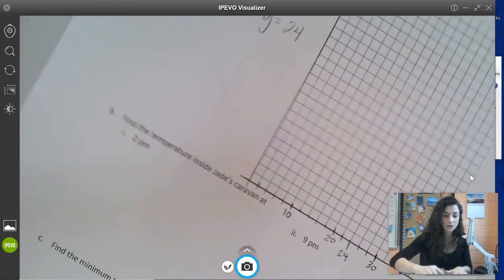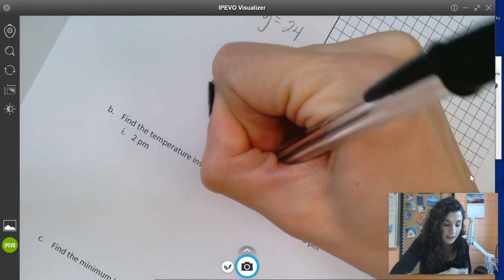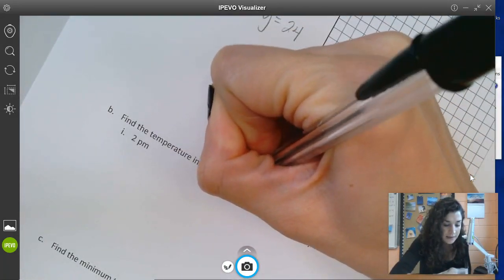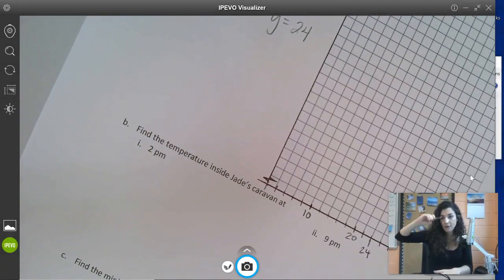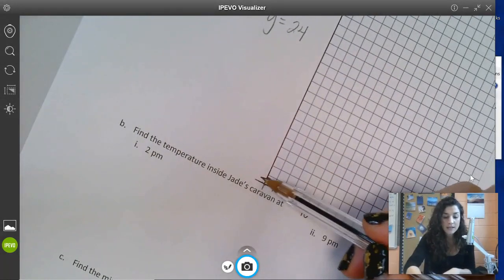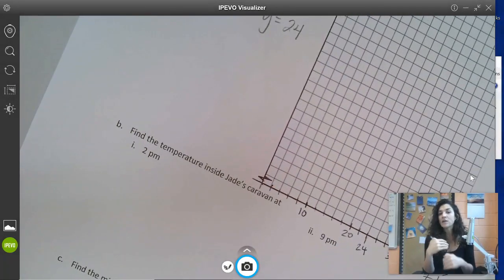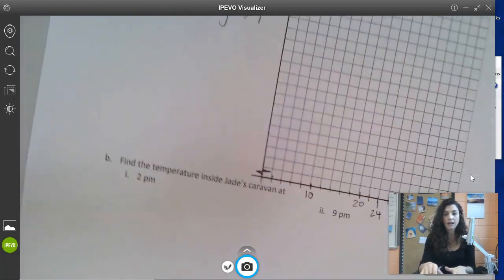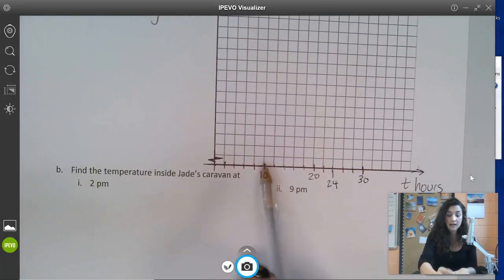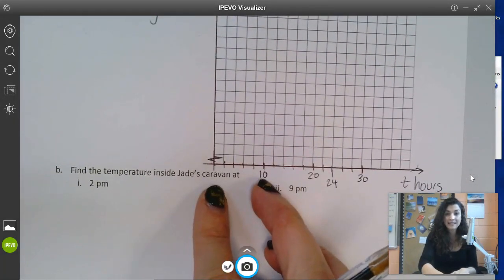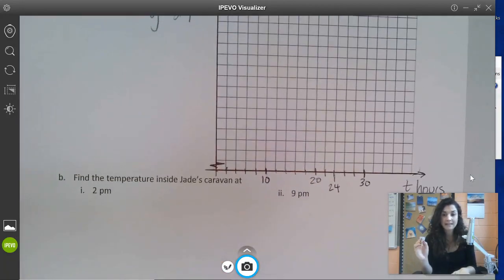So I'm going to do a little trick here, and I'm going to draw a little hiccup in that axis. It looks like a little cardiogram for your heart rate, like the beep beep of your heart rate. And all that means mathematically is that you've skipped some numbers, so you aren't establishing the scale right away. By establishing this as 10, I've said every 5 marks is 10. Every 5 marks is 10, and that has to stay the same.